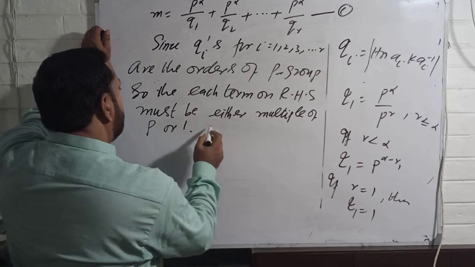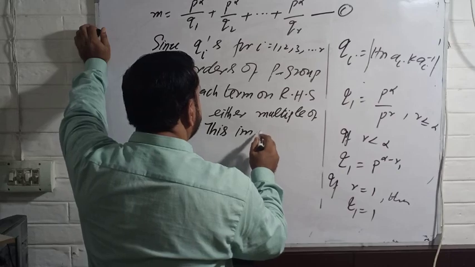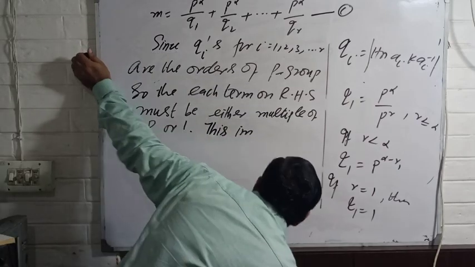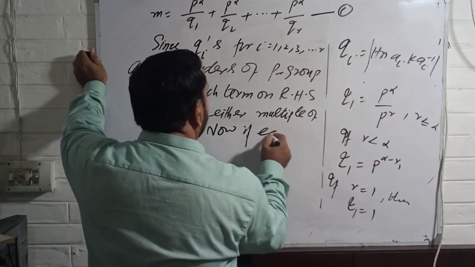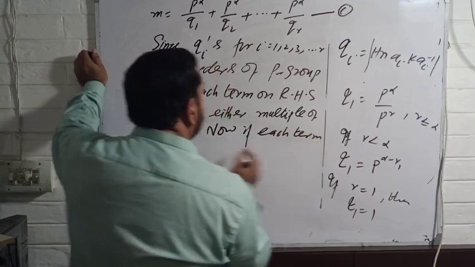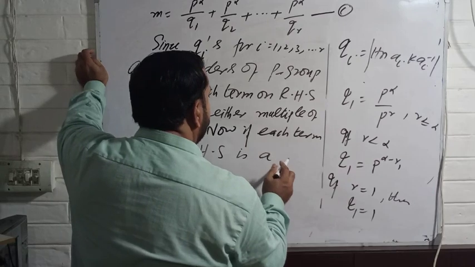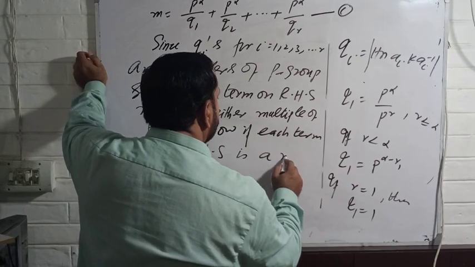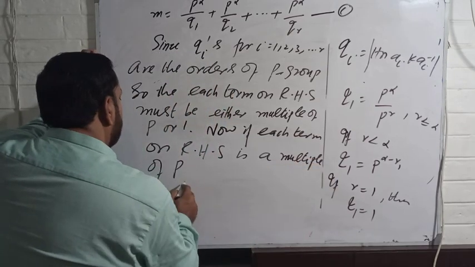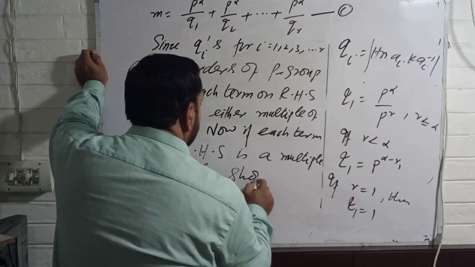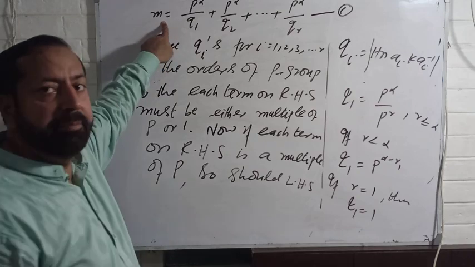But this implies that now, if each term on the right hand side is a multiple of P, so should the left hand side, being equal to n.